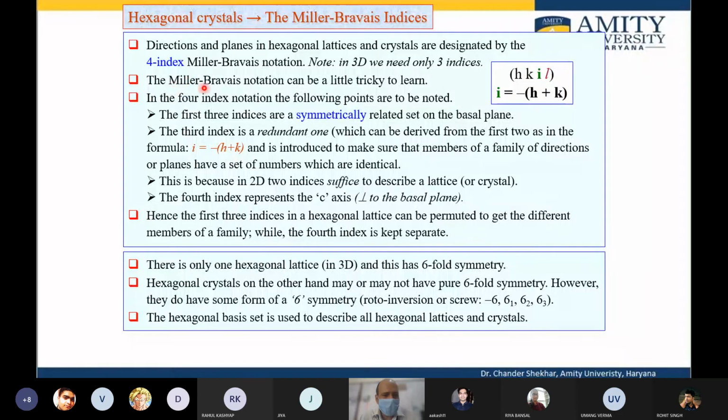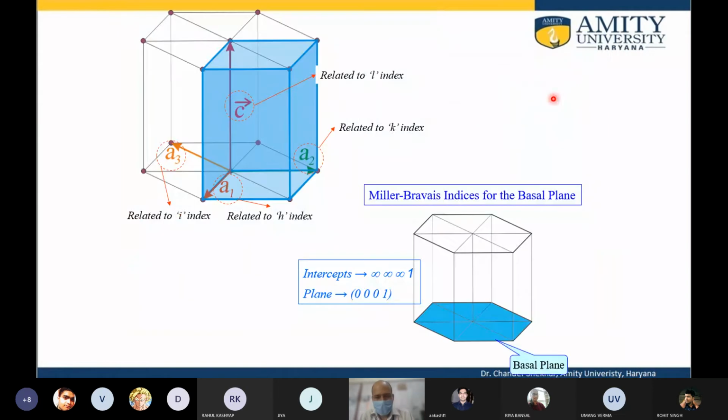So the Miller-Bravais notation can be a little tricky to learn. Suppose this is HKL for the primitive unit cell. Then the 4th index, that is I, can be calculated as I equals minus (H plus K), that is, I = -(H+K). Suppose any 2 vectors in the basal plane, A1 and A2, are H and K, and this C is your L. Fine.